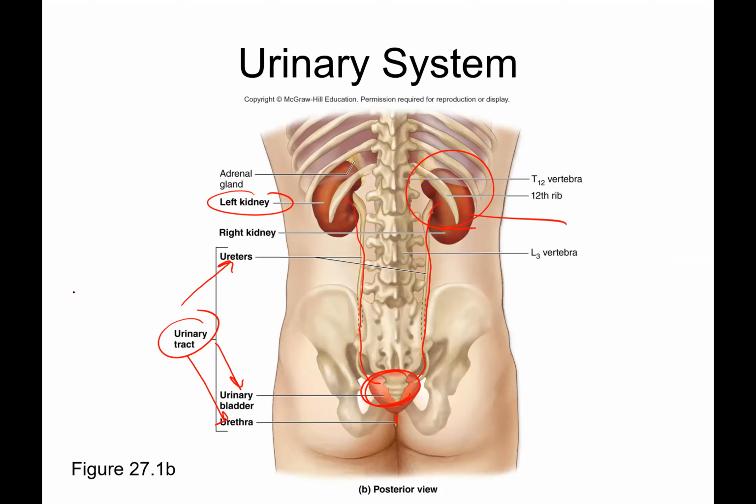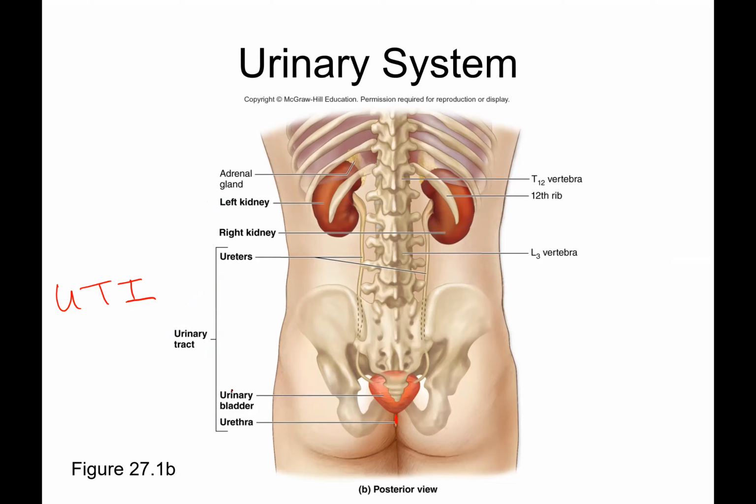Okay, so if you have a UTI, urinary tract infection, you're usually referring to the structures between the ureters, urinary bladder, urethra. Okay. Once the kidneys are infected, it's a little bit different story.